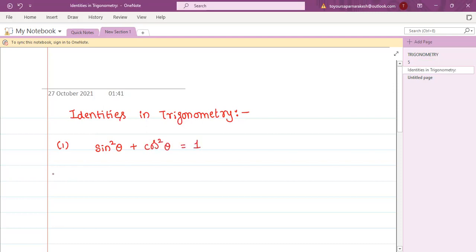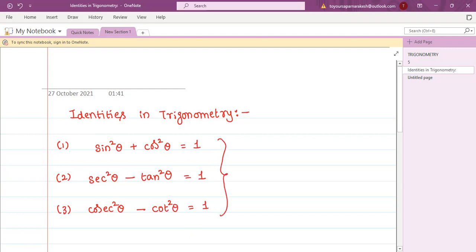The second is sec square theta minus tan square theta is equal to 1. The third identity is cosec square theta minus cot square theta is equal to 1. These are the three identities in trigonometry.